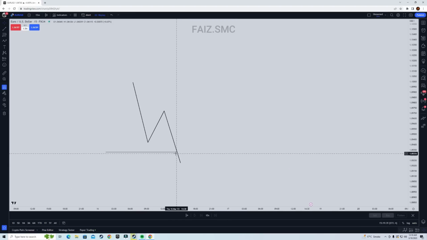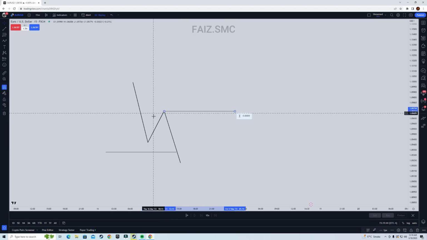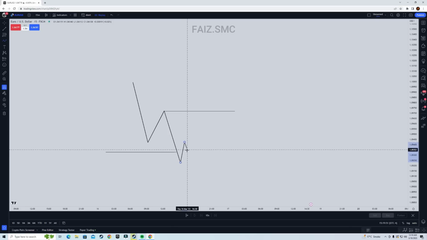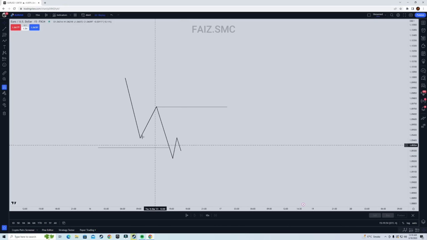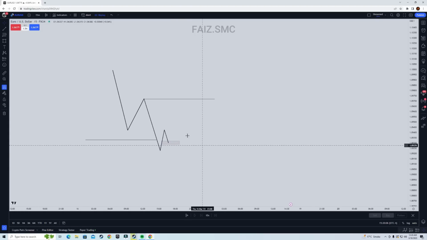Now, instead of looking for price to break a high here, what you can do is wait for price to create a fair value gap right here. After sweeping the liquidity, without breaking any structure, price gives a bullish reaction, and that reaction had a fair value gap. Price comes back, fills in that fair value gap, and then goes back up again, breaking that structure.